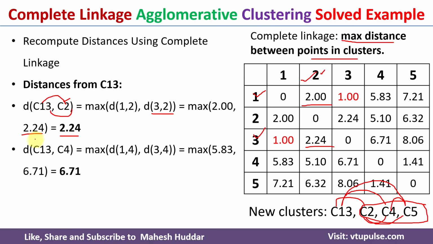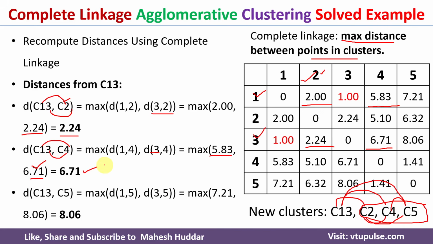Next, I will consider the clusters C13 and C4. Here we need to find the maximum distance between data points 1 to 4 and 3 to 4. The distance between 1 to 4 is 5.83 and the distance between 3 to 4 is 6.71. Between these two values, the maximum value is 6.71, so the distance between the clusters C13 and C4 is 6.71.